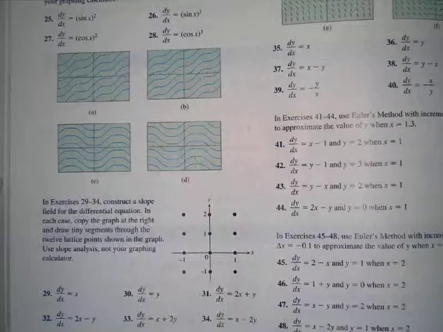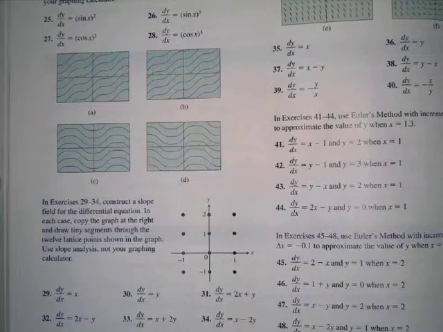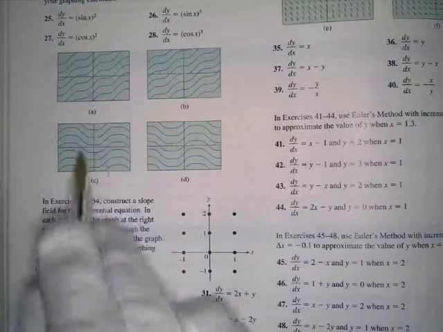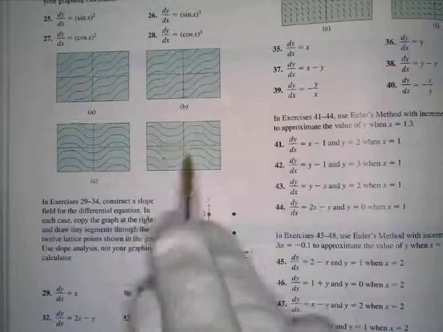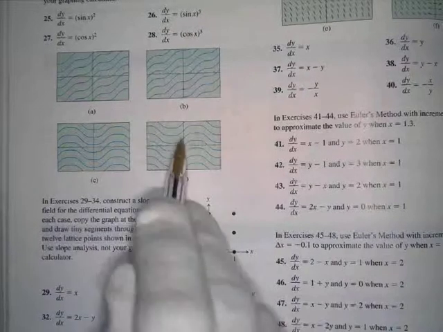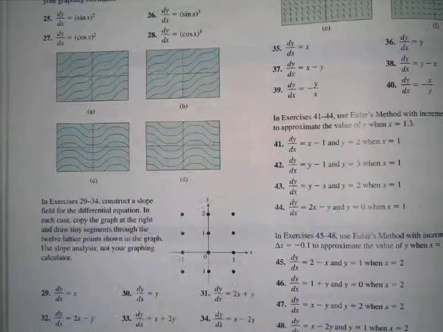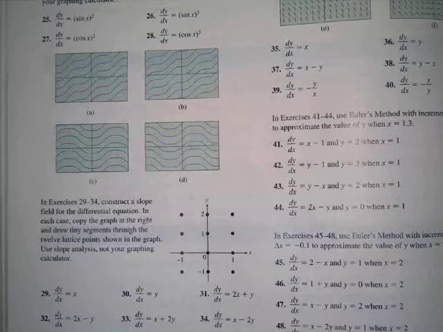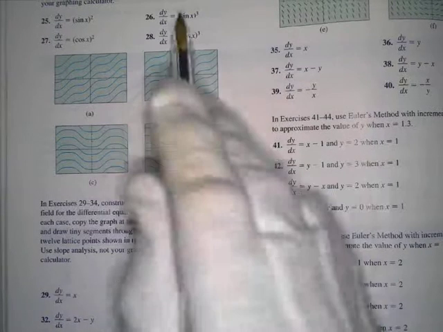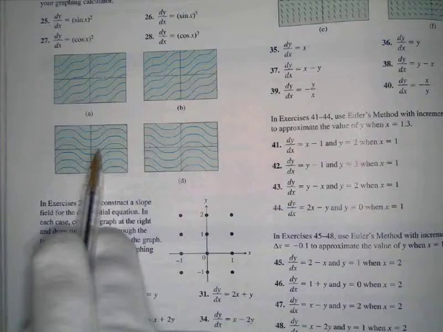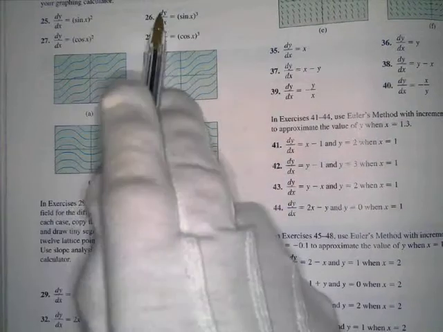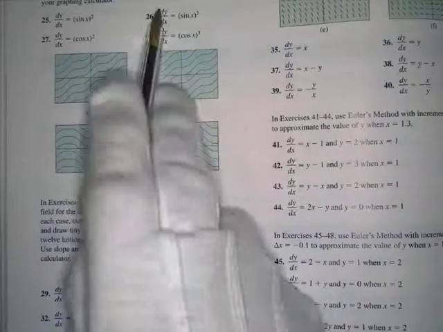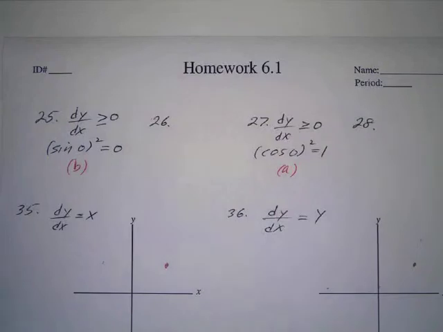Again, we could say the sine of 0 is 0, so this has got a 0 slope, and the cosine of 0 is 1, so this has got a slope of 1. That's all we would have to do to determine that. So it looks like this is going to be letter C, and this would be letter D, C and D, for 26 and 28.